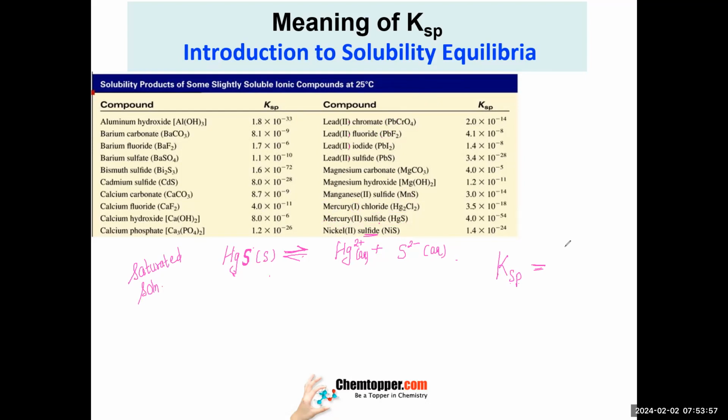It is the concentration of the product Hg2+ times the concentration of the other product S2-. Do I have to take this solid in the denominator? This solid will not come, no. So don't you think that this is just the product of the ions in the solution? Product of the ions for all of them.